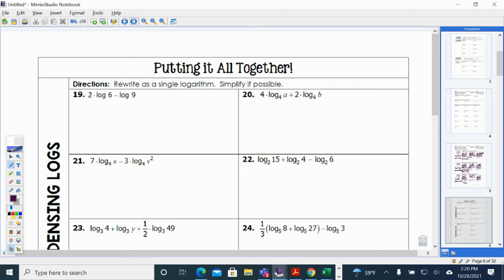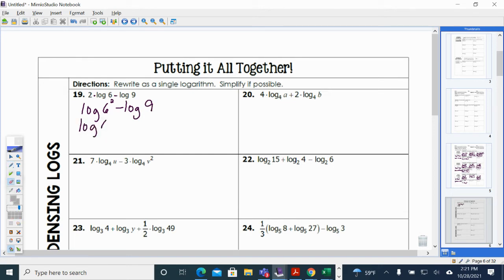So the directions here tell us to rewrite as a single logarithm, simplify if possible. So number 19, we've got a couple of things going on. We've got our product property out front, and we've got our quotient property next. So what we're going to do first is take the 2 and move it to be the exponent on the 6. 6 squared is 36.